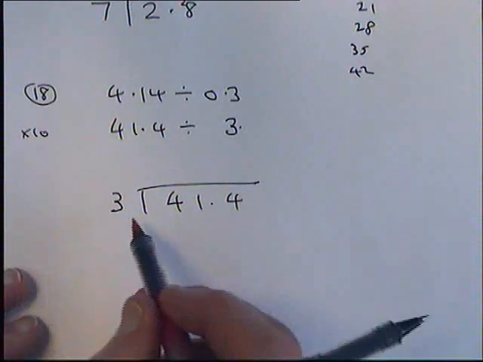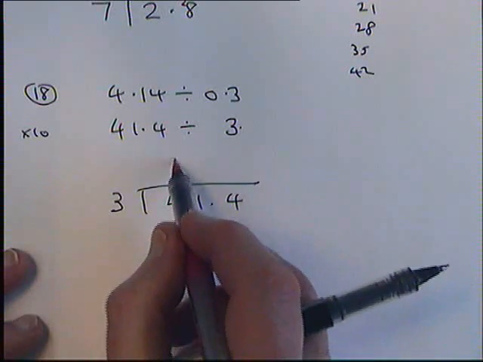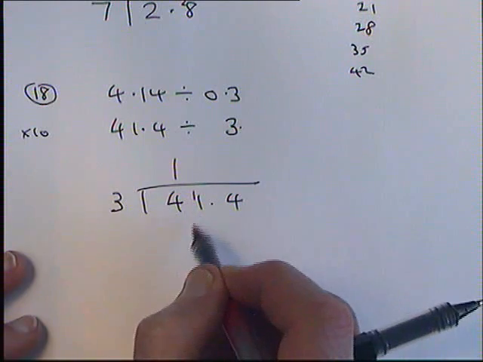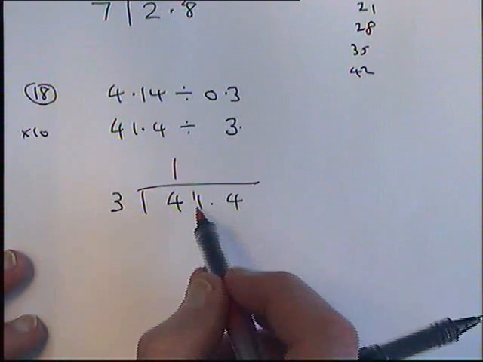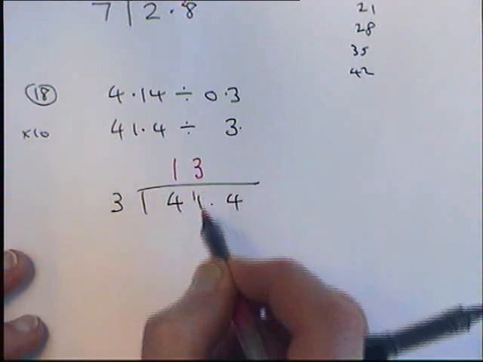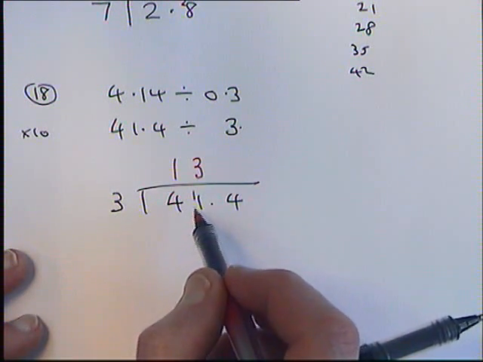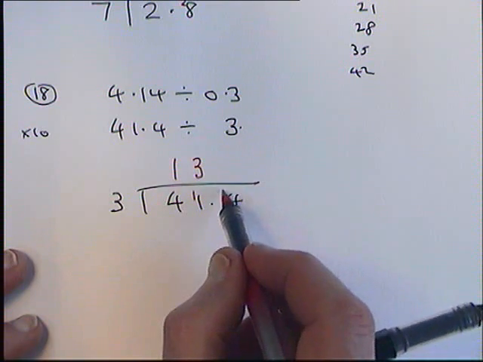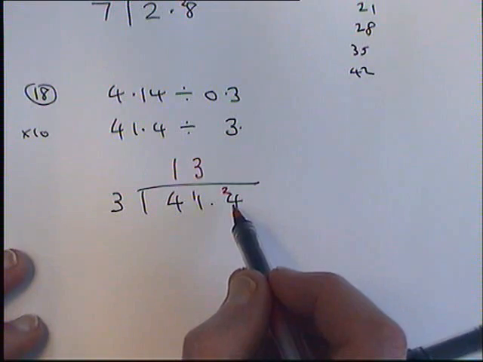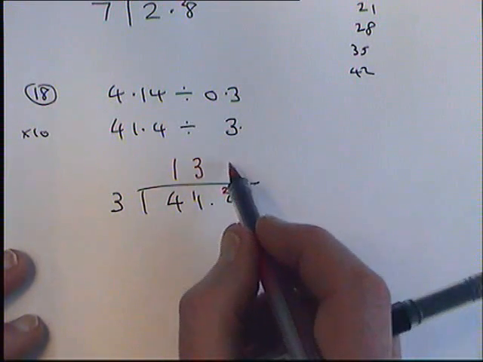So I ask myself, first of all, will 3 go into 4? It will do. It goes in once. 1, 3 is 3. So there's a remainder of 1, which I'll put here. Does 3 go into 11? Yes, 3 goes into 11 3 times. 3 3s are 9. So from 9 up to 11, there's a remainder of 2, which goes here. 3 goes into 24 exactly 8 times.